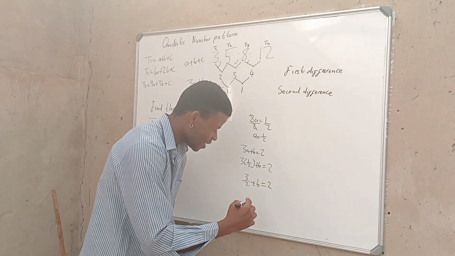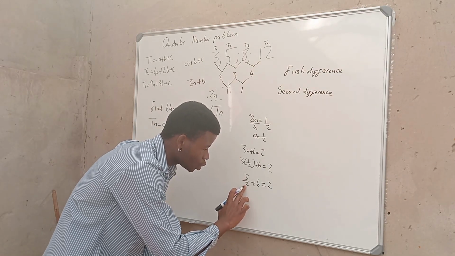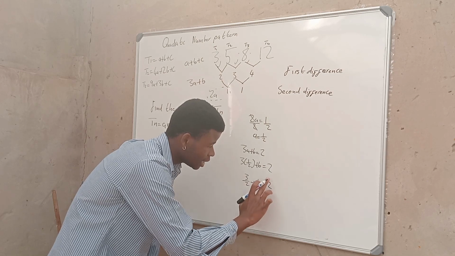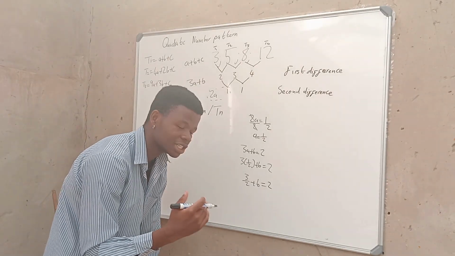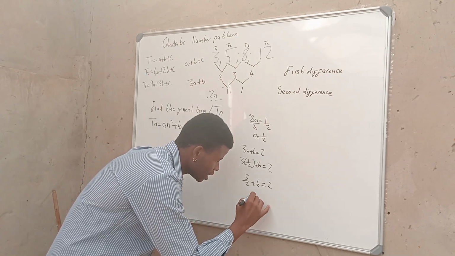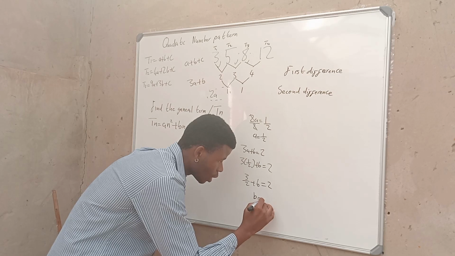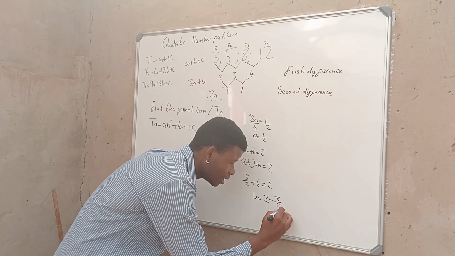Okay, then we take 3 over 2 and jumpisa the equal sign. When you transpose it, it is going to change the sign. So b is equal to 2 minus 3 over 2.